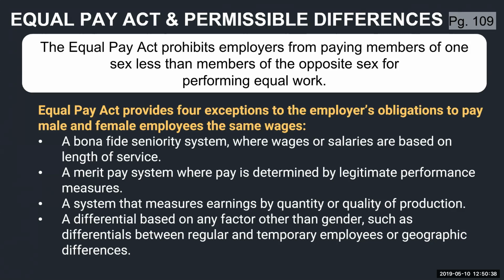Now, when is it acceptable, i.e. a BFOQ, a bona fide occupational qualification, for somebody to be paid differently than another person? If there is a seniority system, it's based on length of service and longevity. We see that in organizations, and especially unionized organizations. If there is a merit pay system, think about what we discussed in Unit 3.